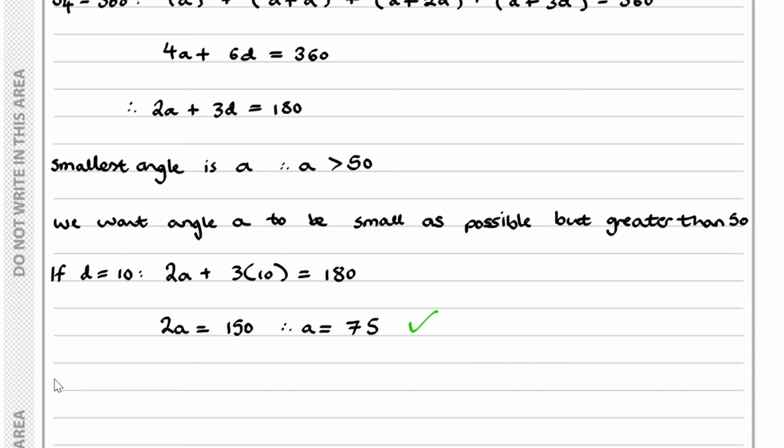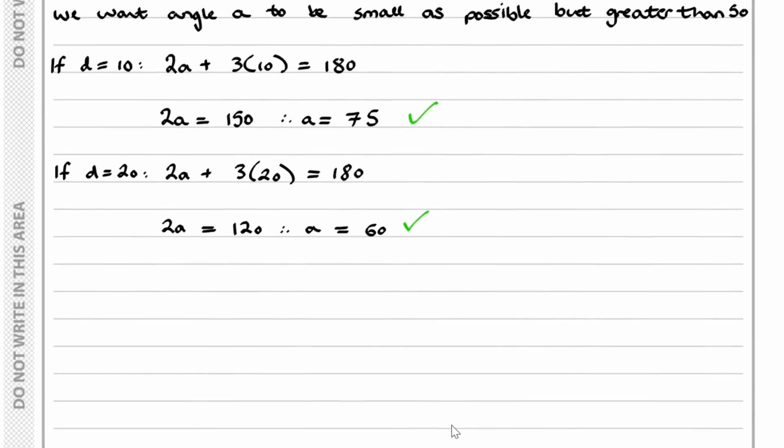Let's see what happens if D equals 20. We have 2A plus 3 lots of 20 equals 180. So we have 2A equals 120. So therefore A is equal to 60. This is greater than the 50 degrees, and we've got a value of D which is perfectly legit to use.